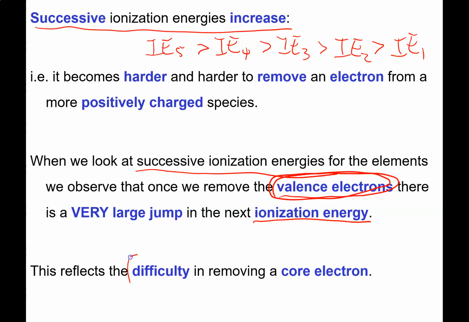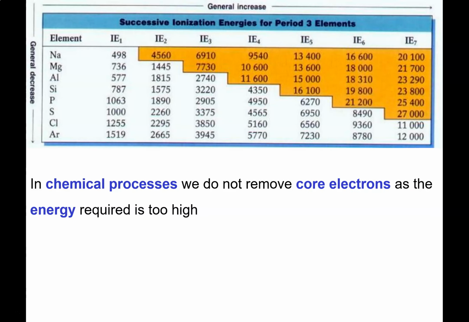The reason is that at this point you're breaking up the core electron configuration. You're destroying that very stable noble gas configuration. And this can be a useful mechanism for identifying how many valence electrons an element has. So I'll show you now. Sodium is in group 1A and has 1 valence electron.